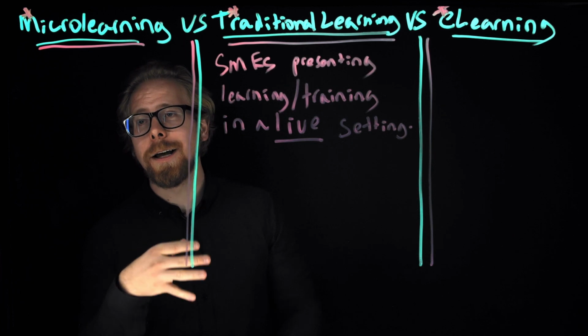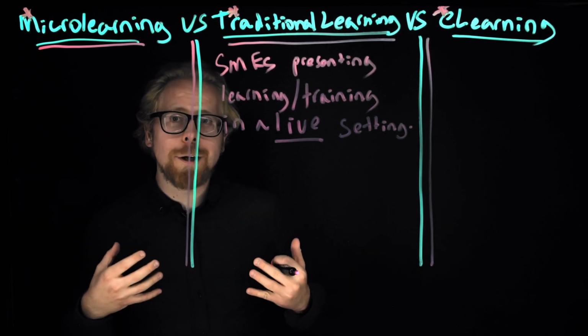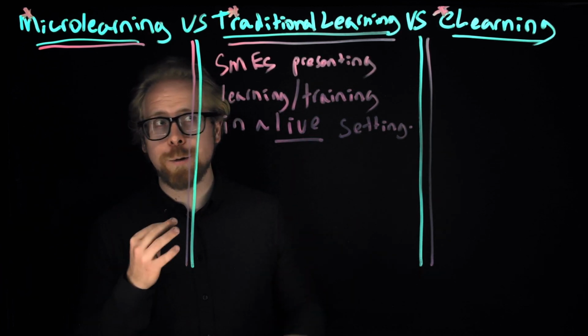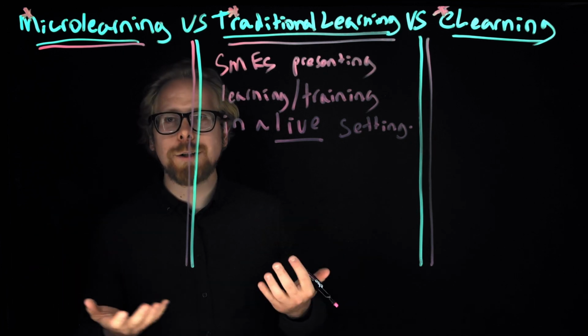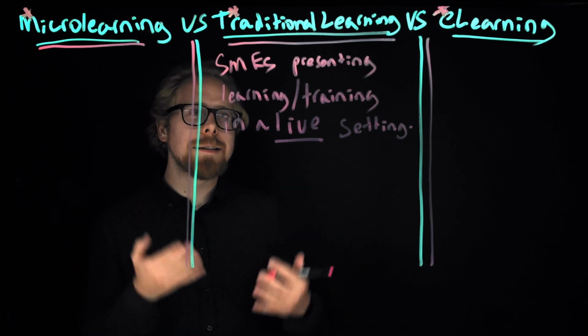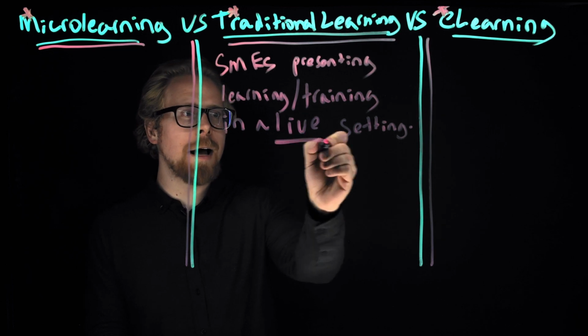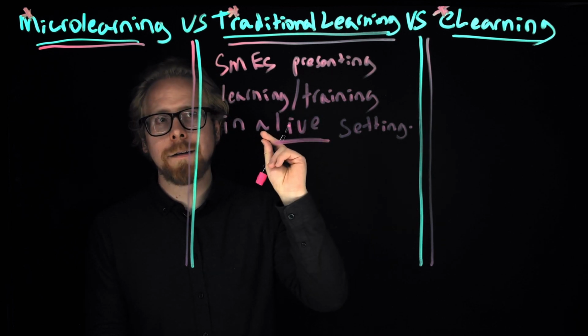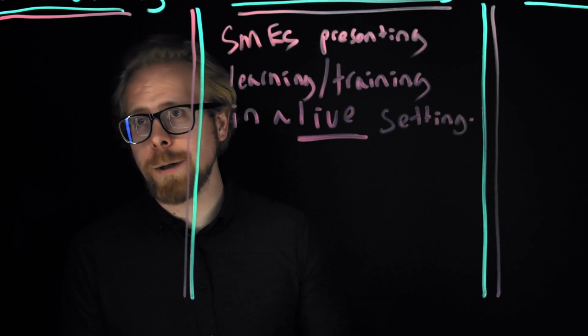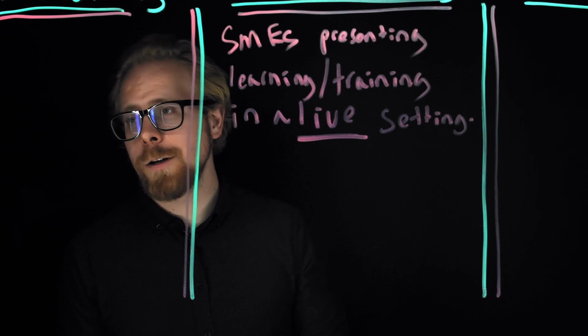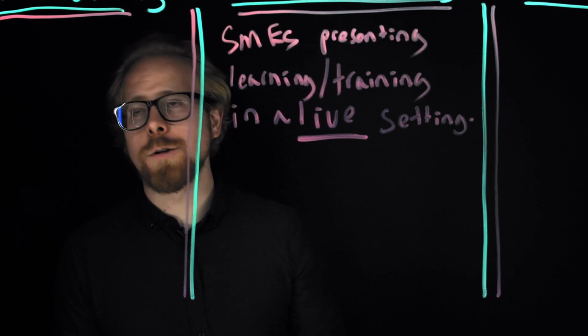That counts, at least when we're looking at what the definition of traditional learning is. There's a lot more stipulations than that, but that is the basic definition. It's a live presented learning or training. So that could also be your professor in a classroom, you do a 2-hour lecture to your students.